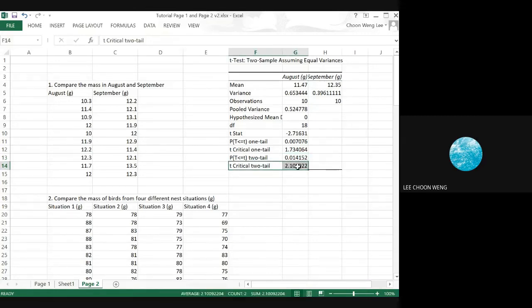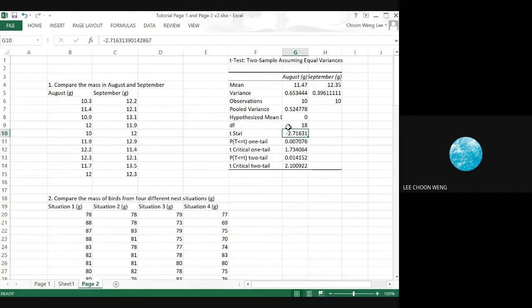Okay, so this is the t critical. This is the value that you get from the textbooks, from the statistical tables. So this is actually not so important. What is important is this, where the p is 0.014. What is also important is your t-stat. T-stat is 2.716.